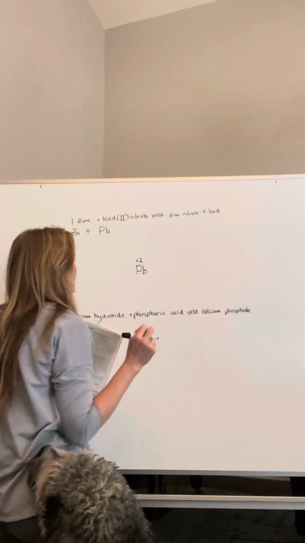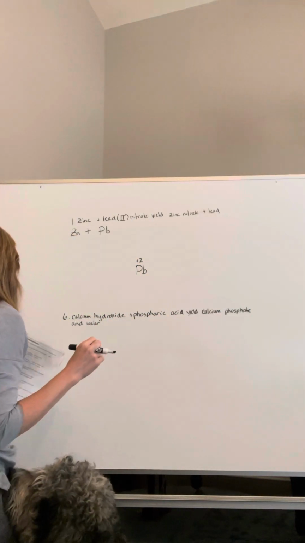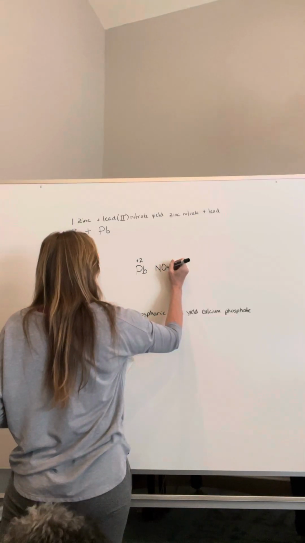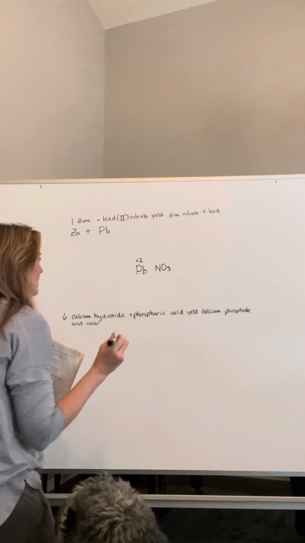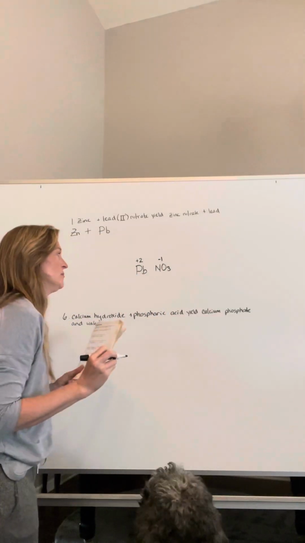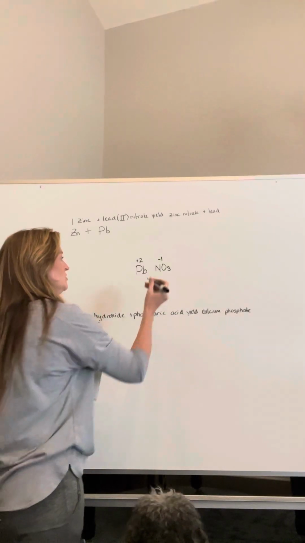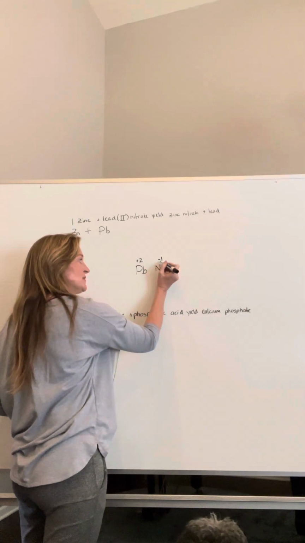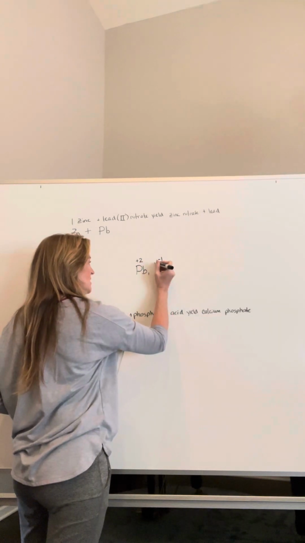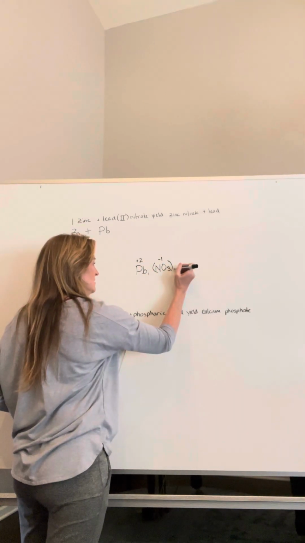So if I look at my oxyanion chart in chapter 9, I'll see that nitrate is NO3. And that NO3 has a -1 oxidation number, okay? And then whenever I use the crisscross method, I'm going to take the absolute value of the oxidation number, and I'm going to assign it as the subscript for each one of these, right?